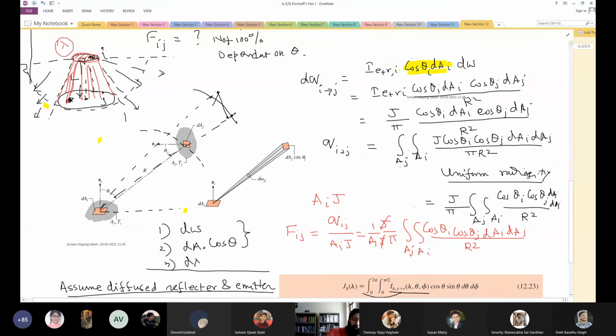This is the fraction of radiation that is emitted by surface I and intercepted by surface J. So this expression for Fij is clear.